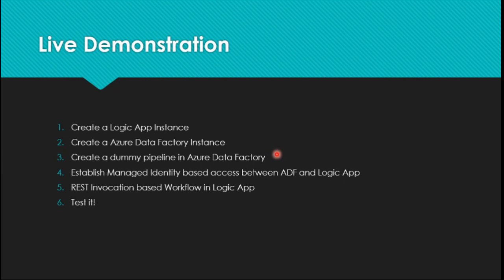Coming back to the live demonstration slide, what we did was test creation of a Logic App instance, a Data Factory instance, creating a dummy pipeline, establishing managed identity based access between ADF and Logic App, REST invocation, and finally we tested it.